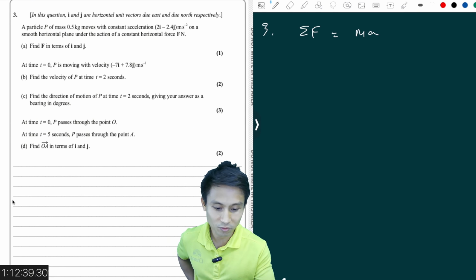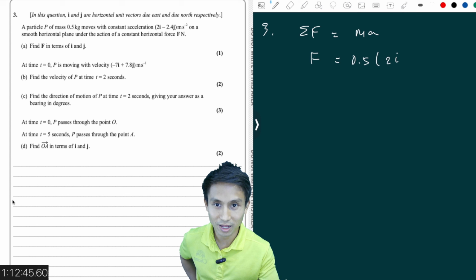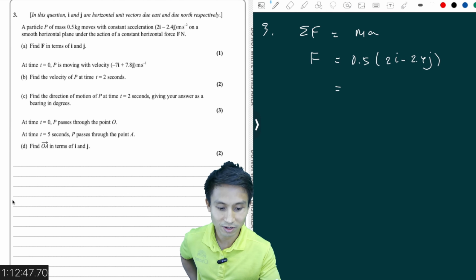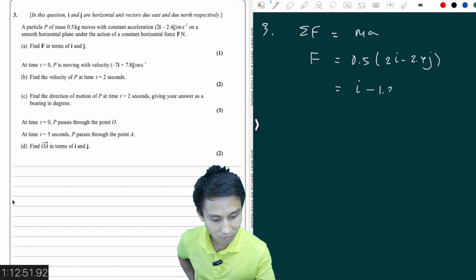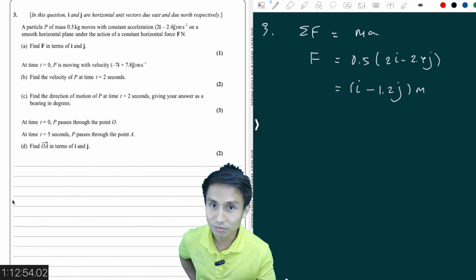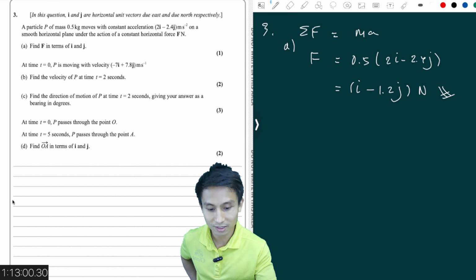And there is only one force, so F equals m is 0.5, a is 2i minus 2.4j. That's it, right? Nothing hard here. So if you expand that, it's i minus 1.2j. Oh, this is Newton, sorry. Newton. That's it. Simple. Part A done.